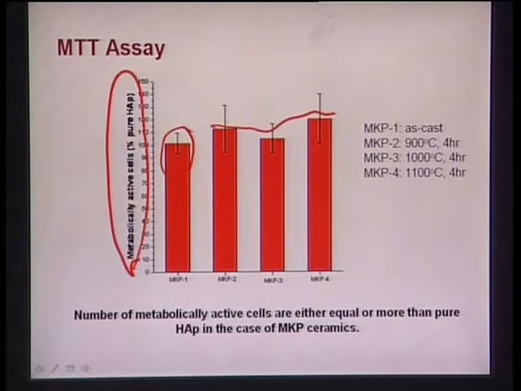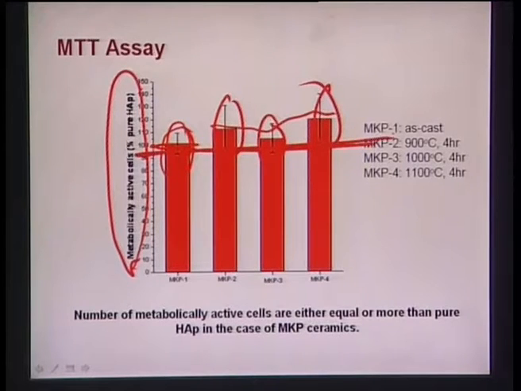You see their error bars overlap with each other. If the error bars overlap, that shows they have statistically similar MTT values. There is no statistically significant difference among all these materials. Since percentage pure HAP is plotted along the y axis, it is comparable with that of the pure hydroxyapatite, or in some materials a little higher than the pure hydroxyapatite values.